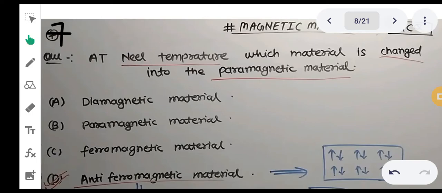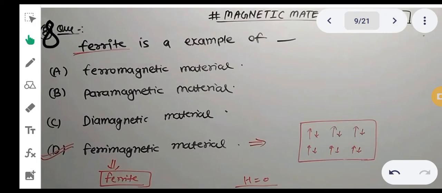Okay. So question 8. A ferrite is an example of. So the answer is a ferrimagnetic material. The name even suggests it.